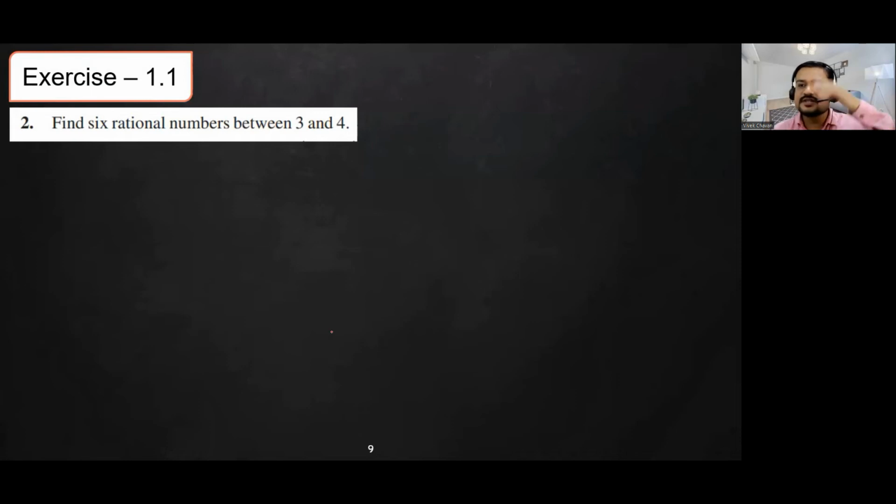Any number which is in the form of p by q and q is not equal to 0. So now tell me, are 3 and 4 in the form of p by q? Can I write this 3 as 3 by 1 and this 4 as 4 by 1? Now it became in the form of p by q, where q is not equal to 0.